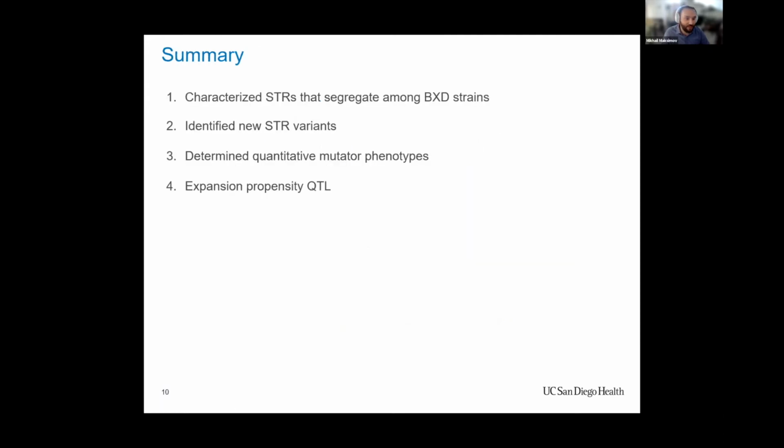So in summary, we characterized the STR repeats that segregate within the BXD family, which is win number one, identified a number of new variants, and then calculated three quantitative mutator phenotype metrics. I also hope I presented some compelling evidence for the presence of this STR mutator QTL among the BXDs, and for the propensity of STRs to expand rather than contract.